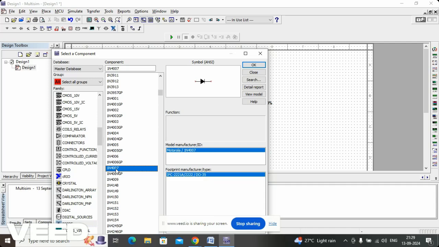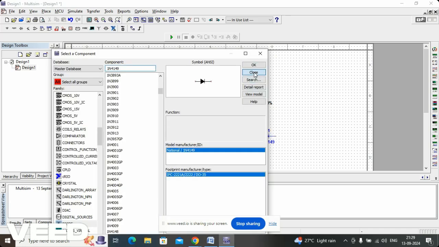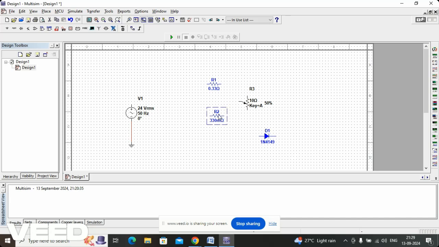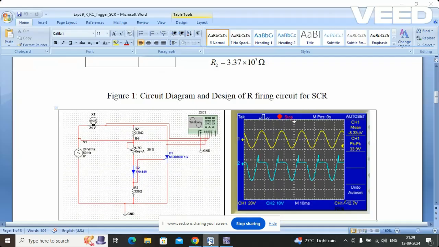I can choose any of the diodes, 1N4007 or 1N4149. For 4149 the turn on and turn off times are a little bit higher, so I choose 4149. If I do Control R, it will be rotated over here. Control R is the shortcut for rotation.